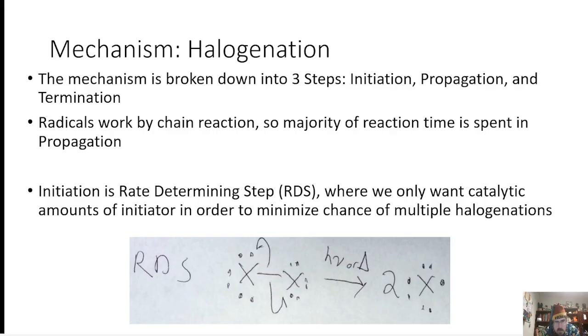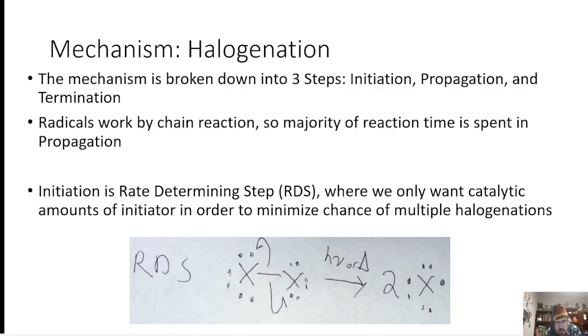So initiation is the rate determining step. It's where we only want a catalytic amount of initiator in order to minimize multiple halogenations. If you have a bunch of halogens hanging around, you're going to get some termination steps, and there's a chance the halogen is going to react multiple times with the same alkane.